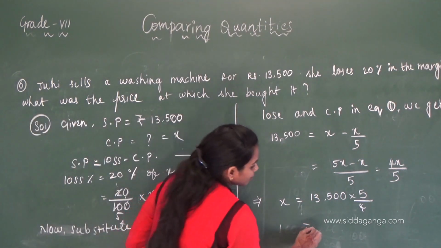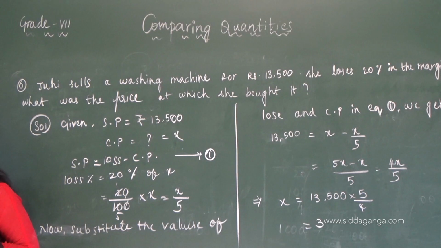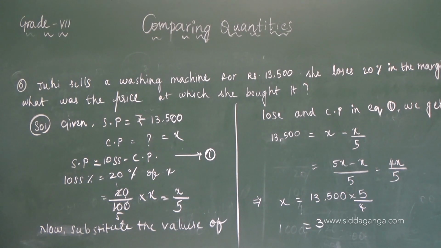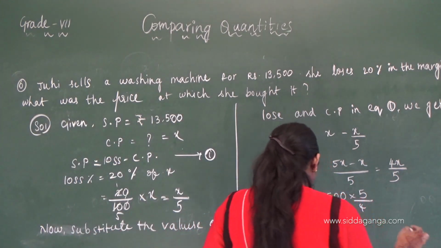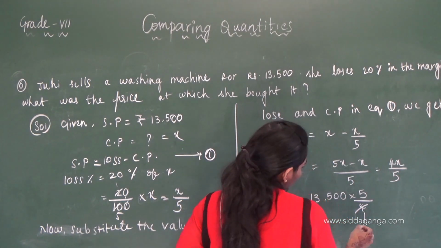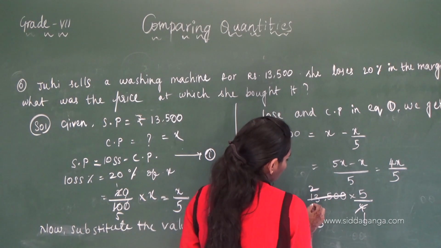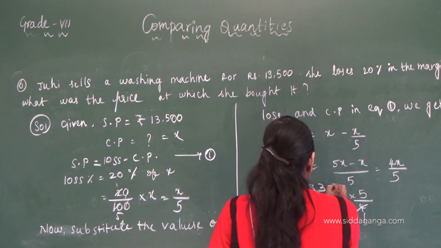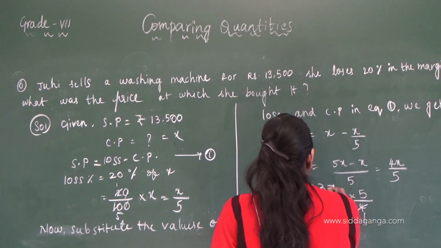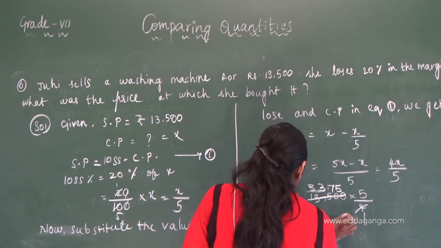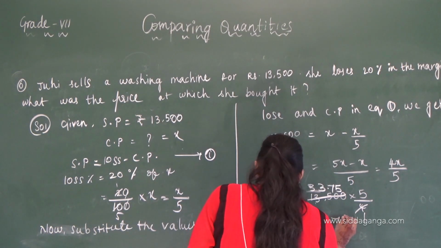If you cancel all that, then we will get the answer as 33.75.